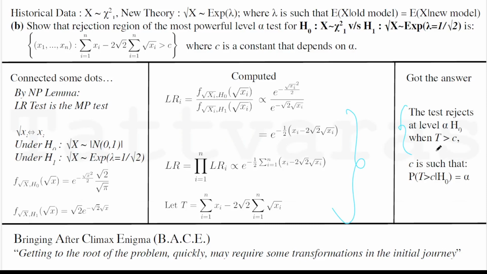And we say that the test rejects H0 at level alpha when t is greater than c. And we have to write a concluding line as well, that here c is such that the probability of type 1 error, or rejecting the null hypothesis when it is true, is alpha. And this is important because the question is also saying that c is a constant that depends on alpha.